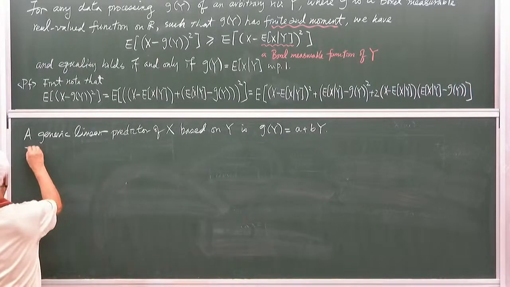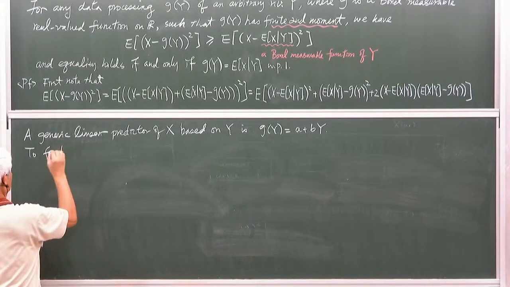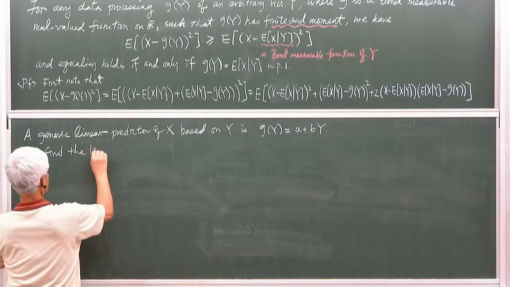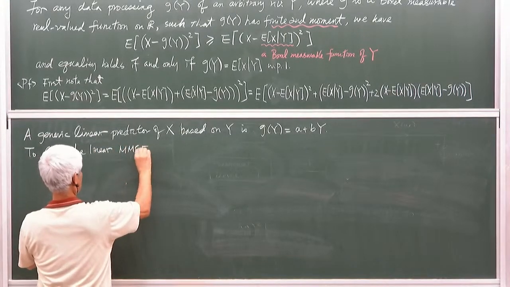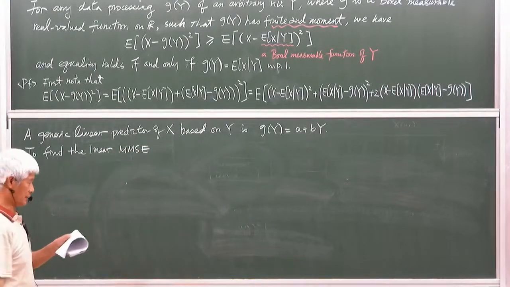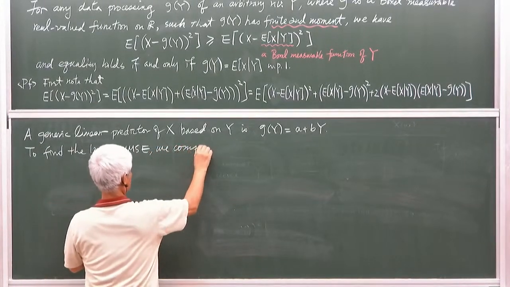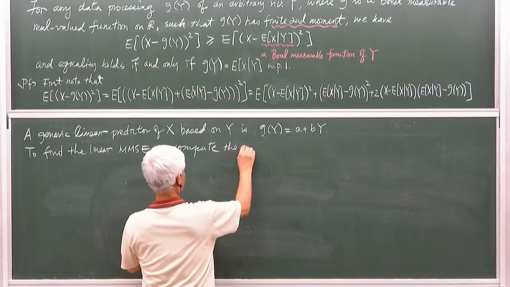So to find the linear MMSE, to minimize the mean square error, we compute the mean square error.